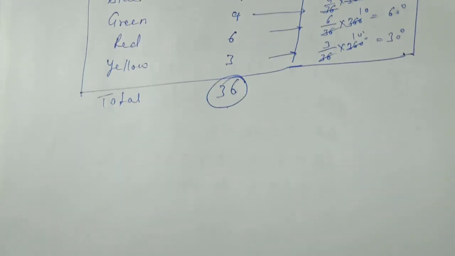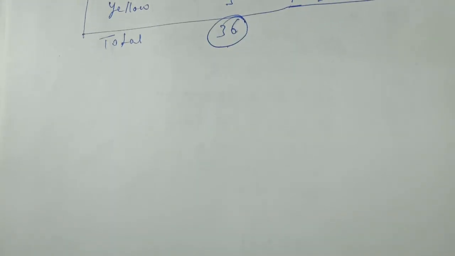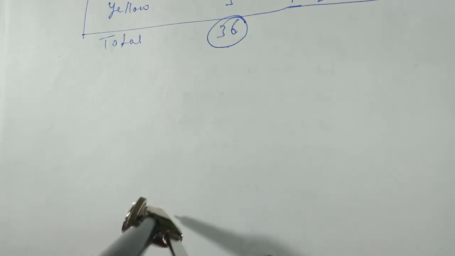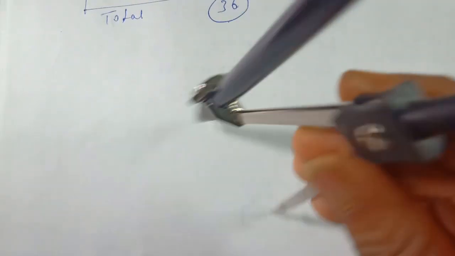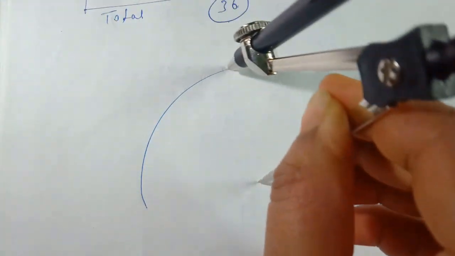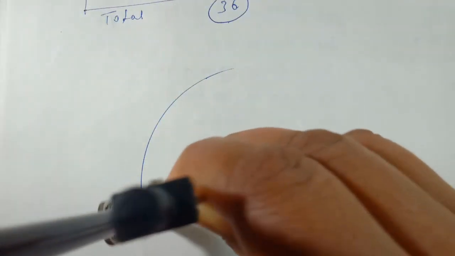Now let us draw the pie chart for it. First you have to draw a circle, taking the compass. So I am drawing a circle. Let the circle be like this.